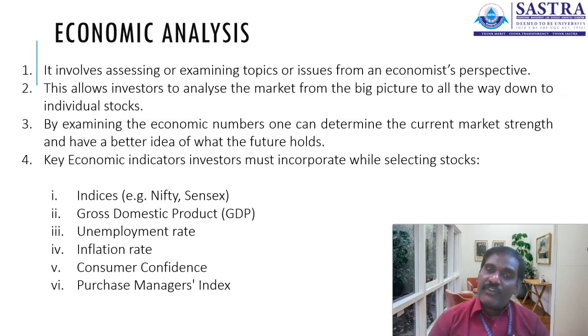It is in the form of an initial public offering, a further public offering, a rights issue, a preferential allotment, or a private placement. Those are different methods in which securities are issued in the primary market. Those securities can be bought and sold in the secondary market, which we call the stock market.